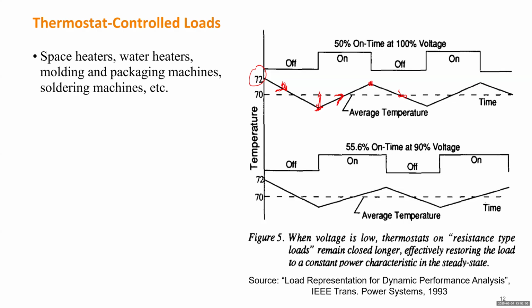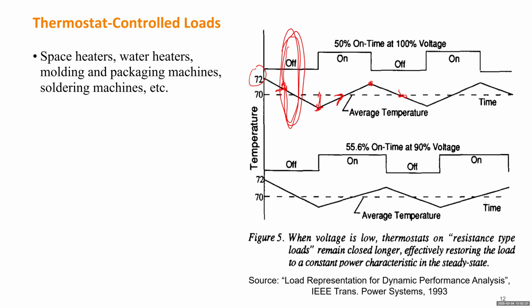Okay. Then the question is, how should I categorize this load, either as a static load or a dynamic load? So if my simulation only focuses on one very brief time period, let's say 5 seconds, 10 seconds, that can be inside of this off stage.